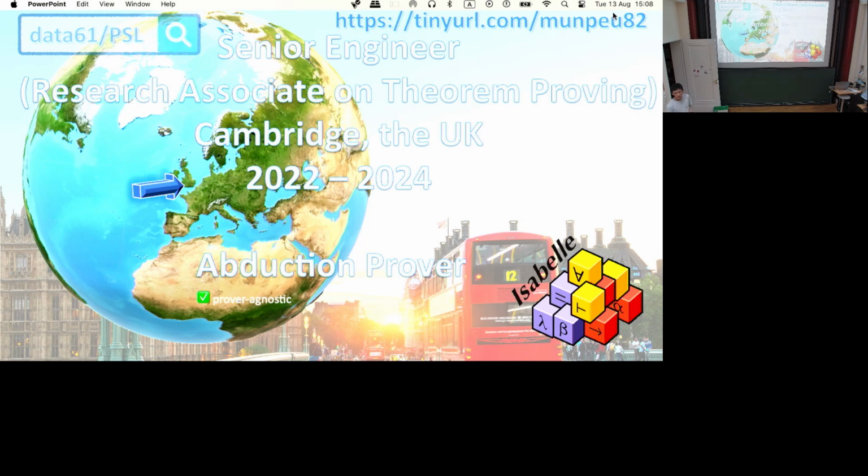And fortunately, they allowed us to open source this tool, so it's available publicly at GitHub. Our implementation is specific to Isabelle, but the underlying concept should be transferable to other provers, like Coq, Lean.